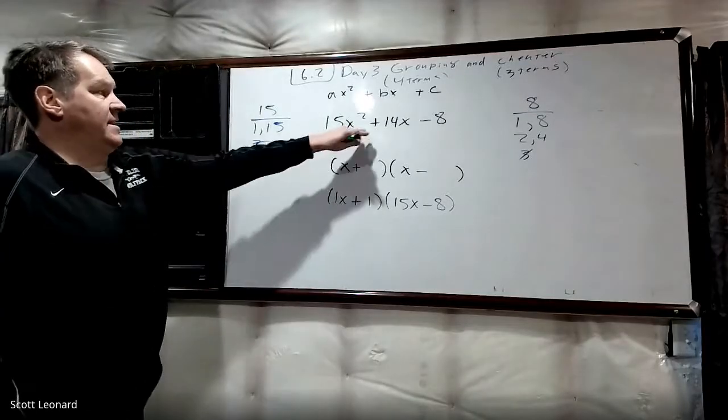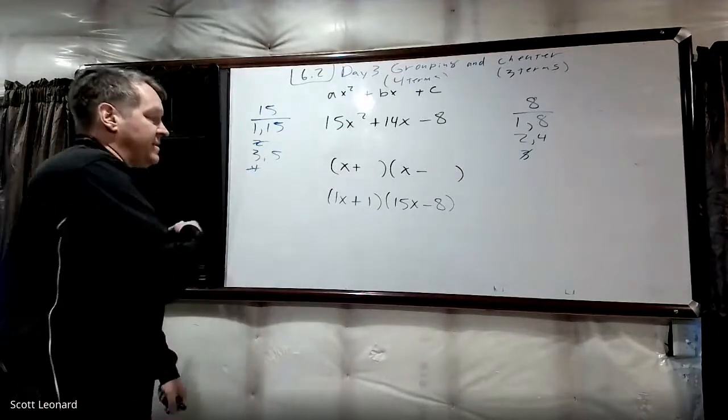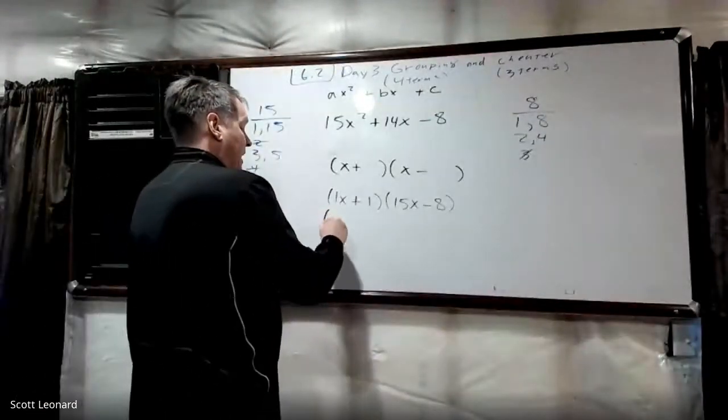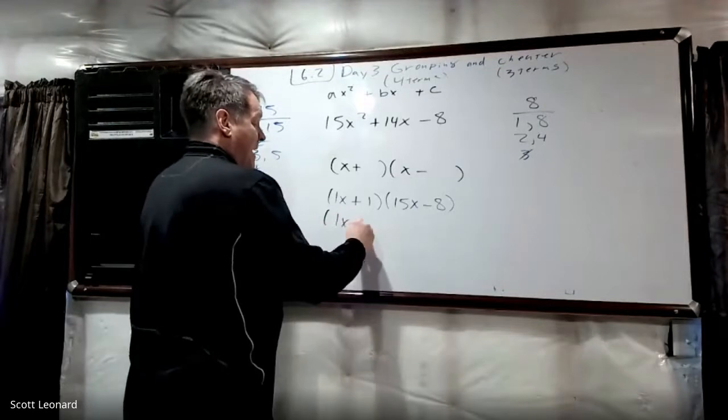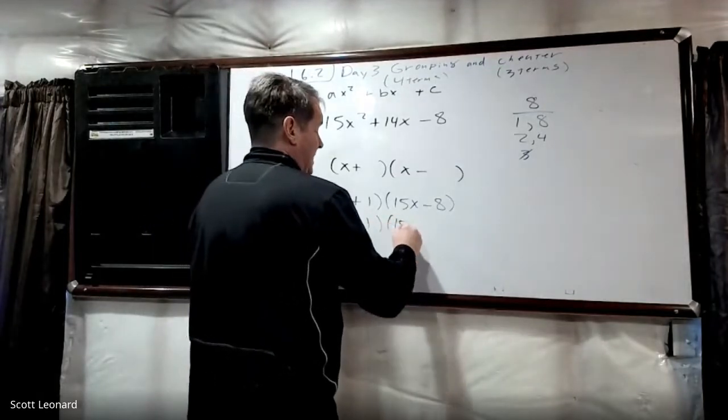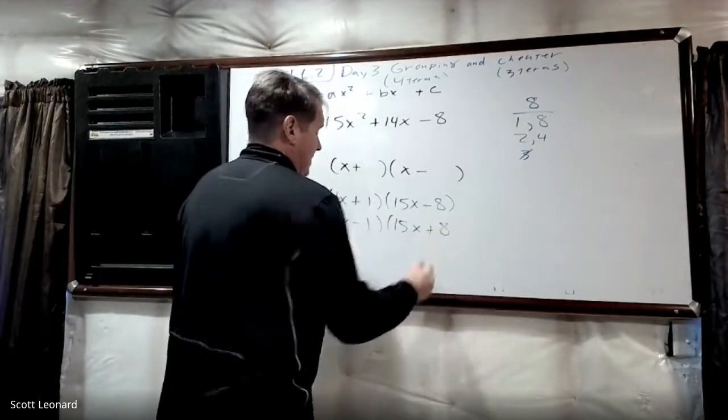So, for example, I might do 1 and 15: 1x, and maybe 1 and 8, plus 1 times 15x minus 8. Foil all that out. Did I get this as an answer? No, that didn't work. Then I would try 1x minus 1 times 15x plus 8, and you foil it all out.